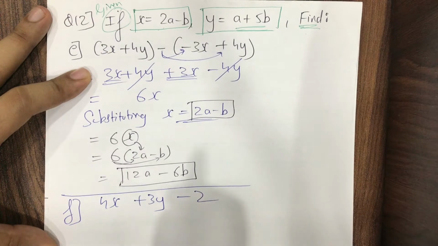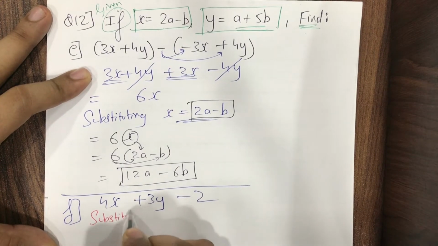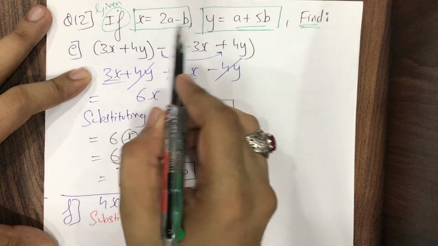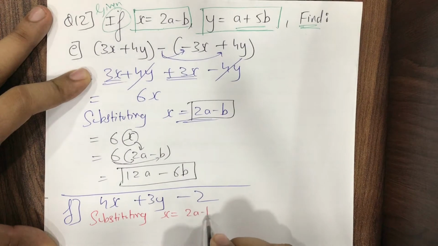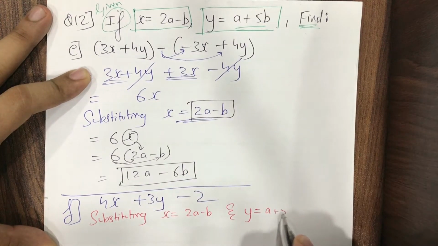Okay, students. So I'll write a line that substituting x is equal to 2a minus b, and y is a plus 5b. That's it.